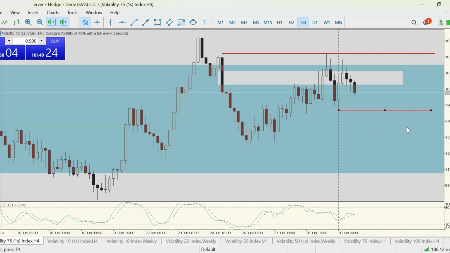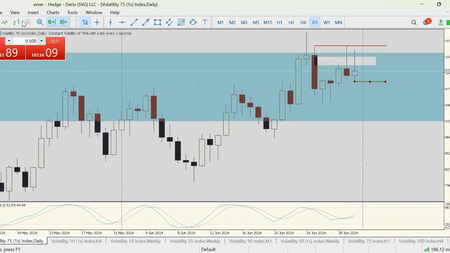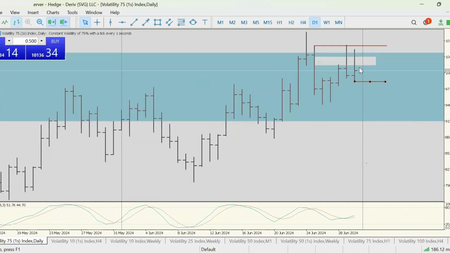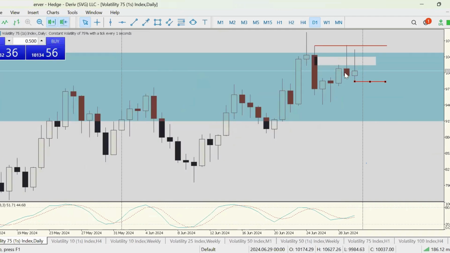But the most ideal way of approaching this market is to use power of three, which we see from these candlesticks. This is a low close candlestick. This is high close, low close, high close.